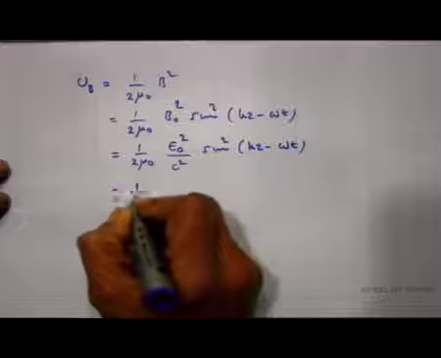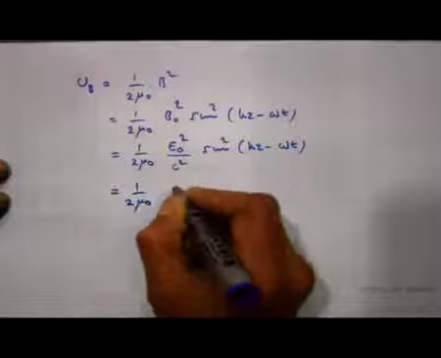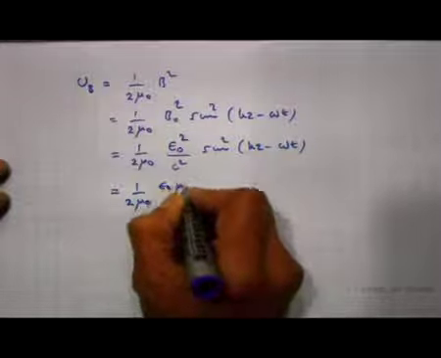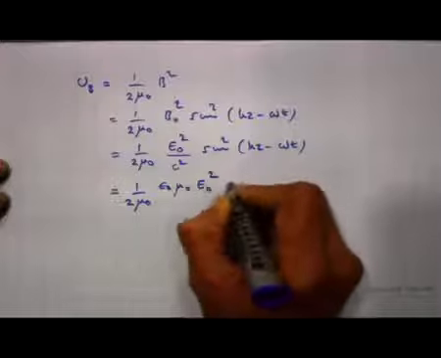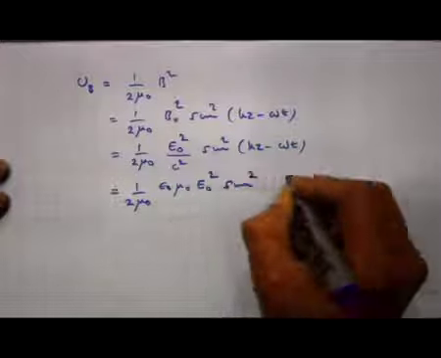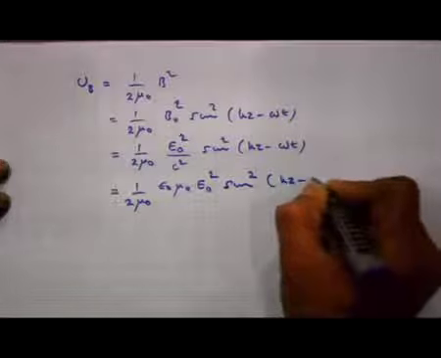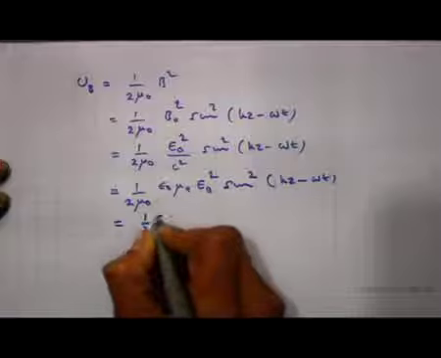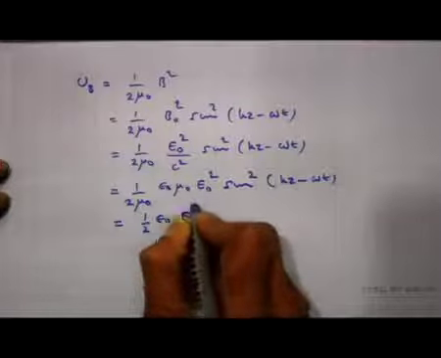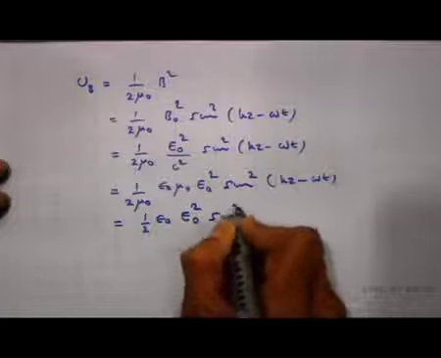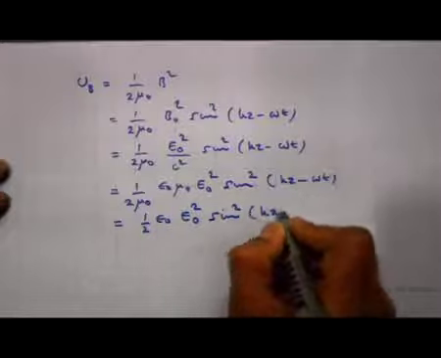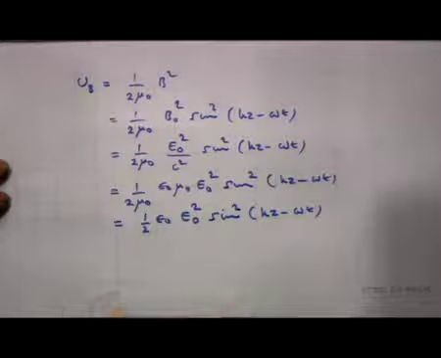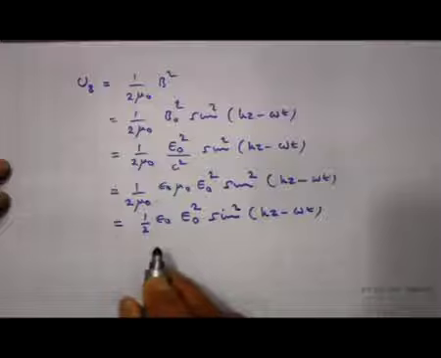Now, 1 by c square is epsilon 0 mu 0, so this is 1 by 2 epsilon 0 E naught square sin square (k z minus omega t). That is the magnetic energy density.